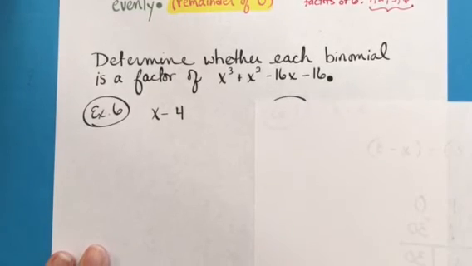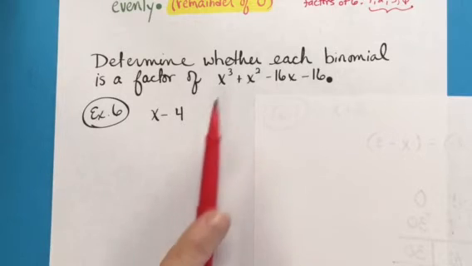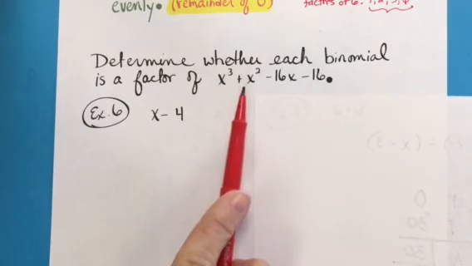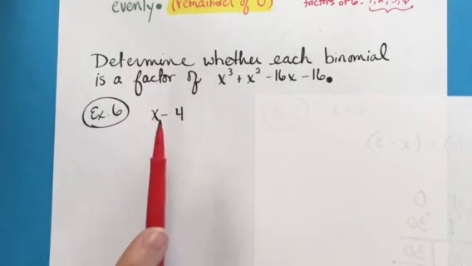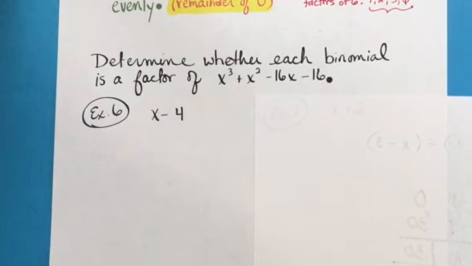Okay. So determine whether each binomial is a factor of x cubed plus x squared minus 16x minus 16. So this is my polynomial, and I want to know, is x minus 4 a factor of this polynomial, okay?